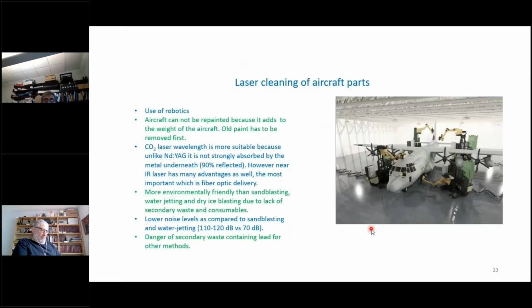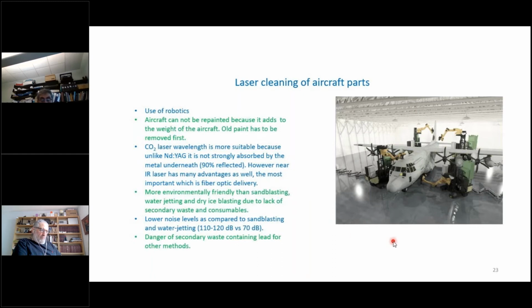Now we'll look at a few applications. Again, these are the ones that we haven't done ourselves, but I chose these just to demonstrate the capabilities of laser cleaning. And one of them, laser cleaning of aircraft parts. So you can see that the different robots are holding the lasers and cleaning different parts of the aircraft.